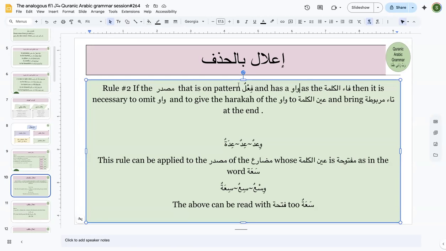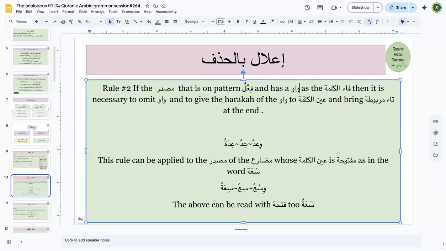Okay, the same rule can be applied to the masdar of mudare whose ainul kalima is maftuha, as in the word sa'atun. So here, just see: wasi'a yasa'u. What am I seeing in yasa'u?